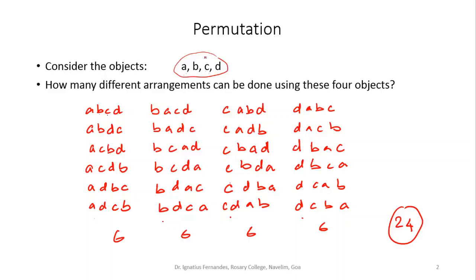What permutation tries to do is give us a formula to compute this directly without having to do it manually like this. If I have to do it manually, I have to write down all the 24 possible arrangements as you see.